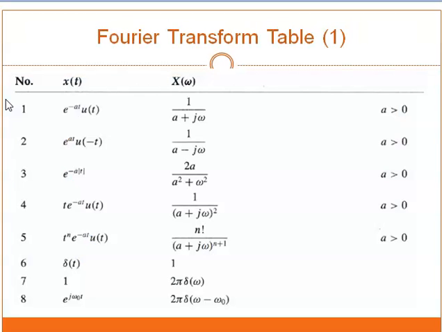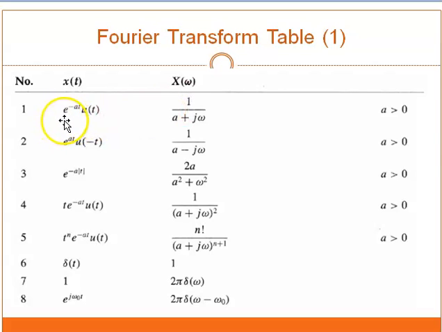So let us see the Fourier transform table. Okay, over here, you have x(t). This is the signal in time domain. And then this one over here, X(omega), would be the signal in frequency domain after you have performed the Fourier transform.